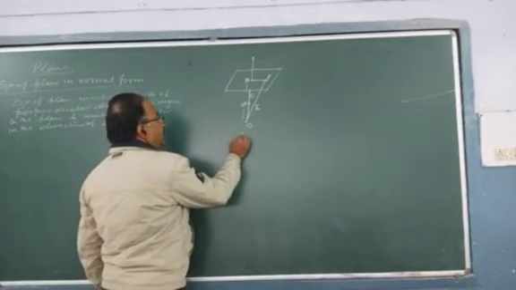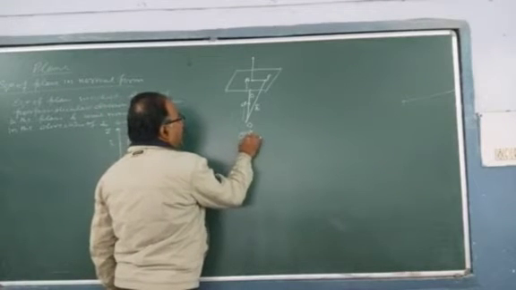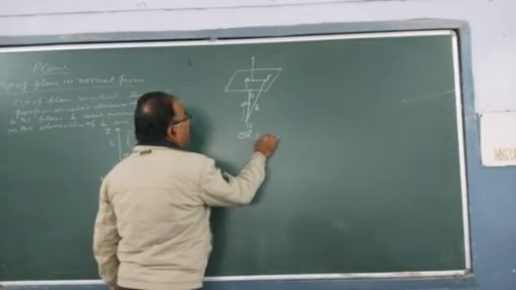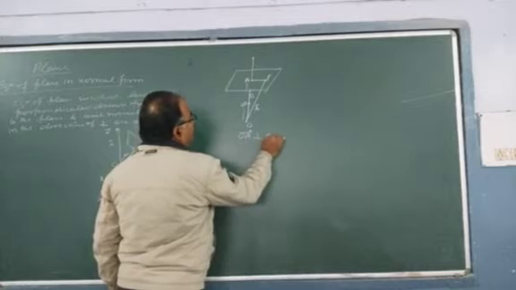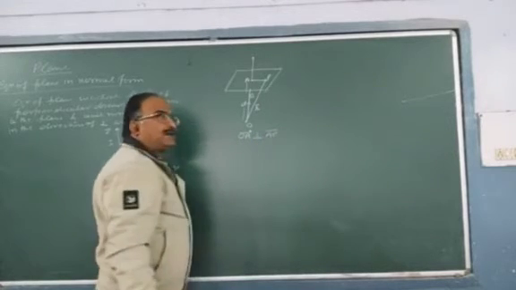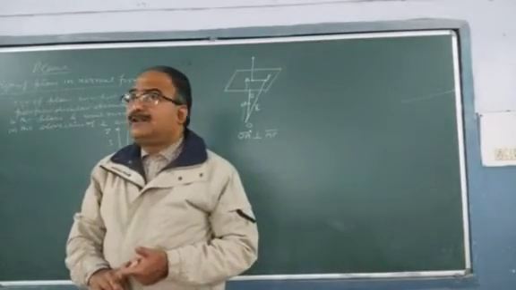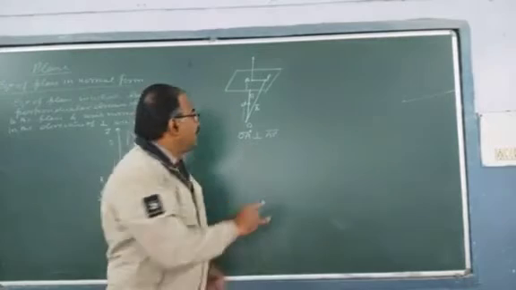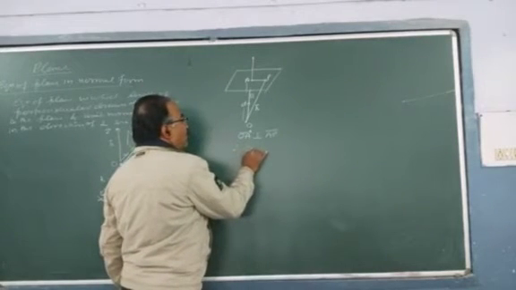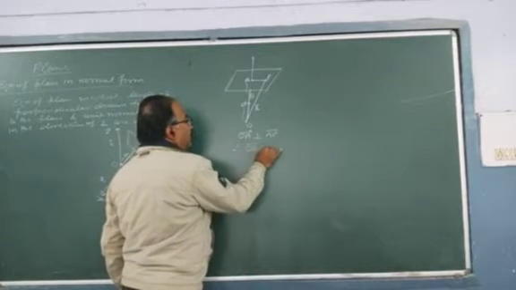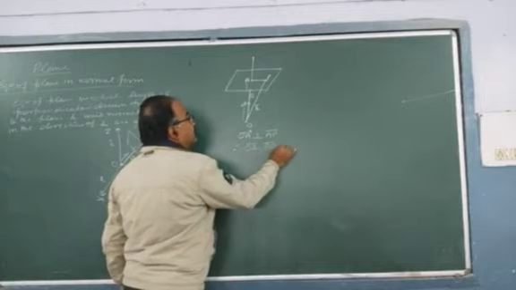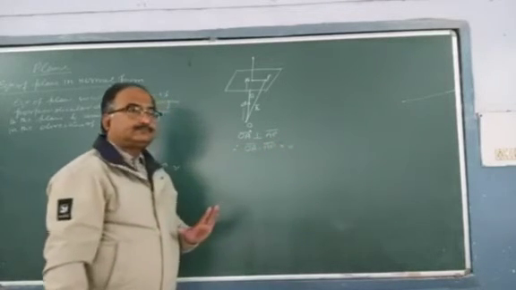So you can write OA perpendicular to AP. If two vectors are perpendicular to each other, what happens? Their dot product is 0. So therefore OA dot AP is equal to 0.